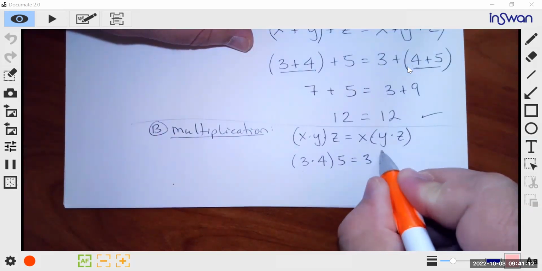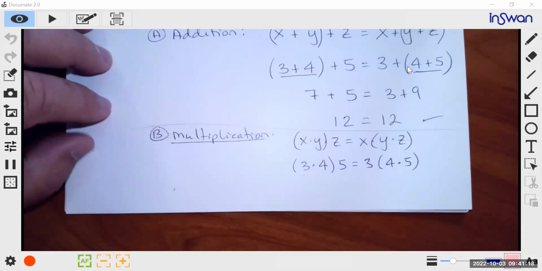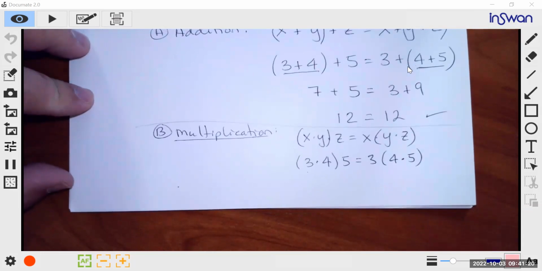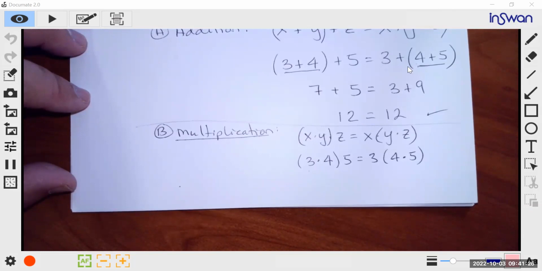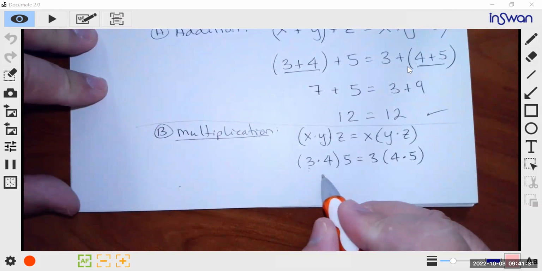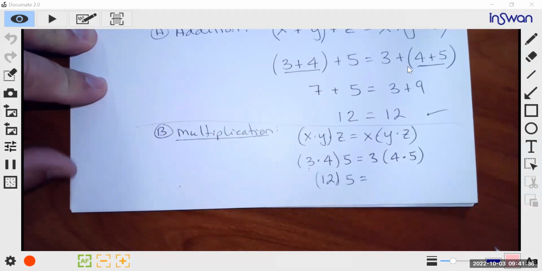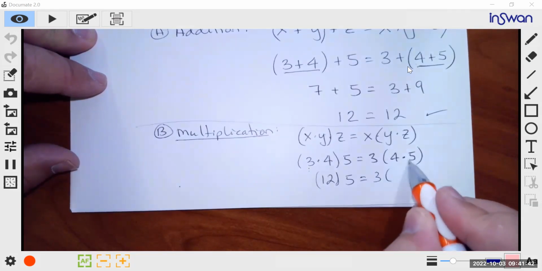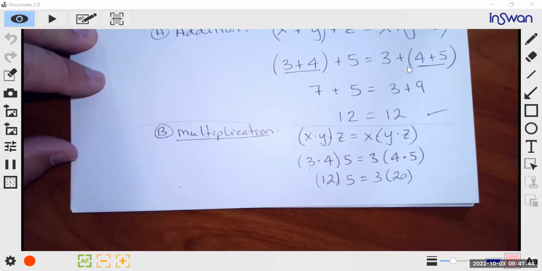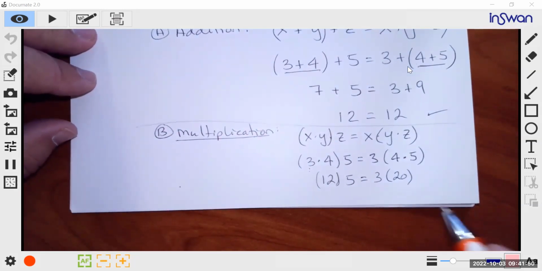Three times 4 times 5. On the left side, we have to do inside the parentheses first. 3 times 4 is 12 times 5. On the other side, 4 times 5 is 20. 12 times 5 or 3 times 20.